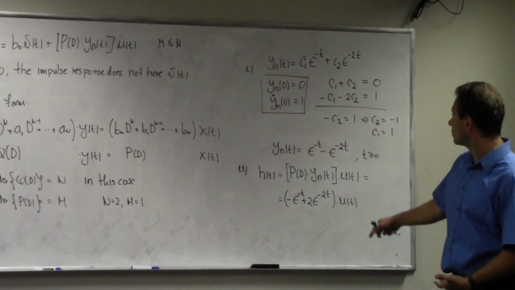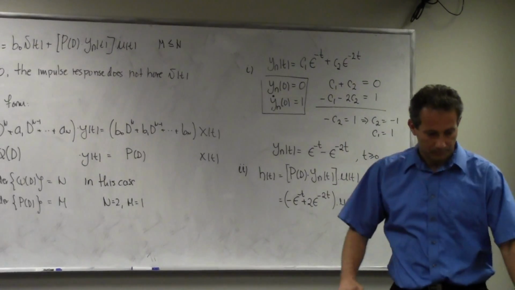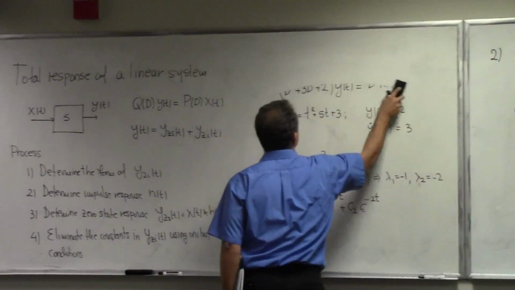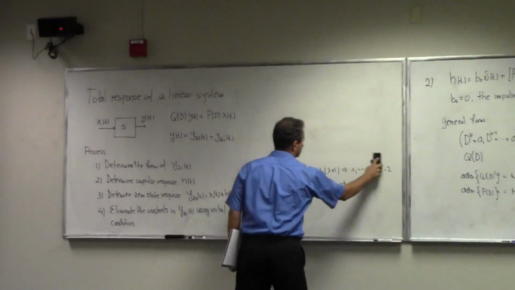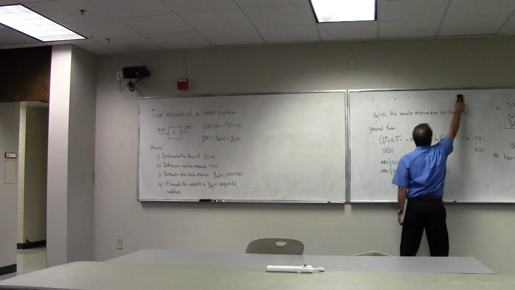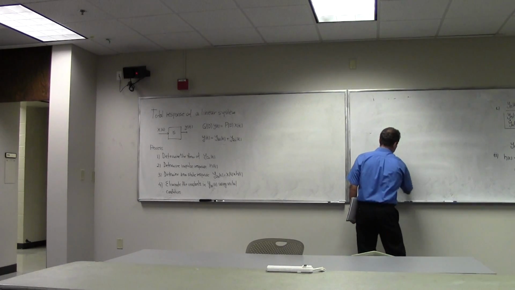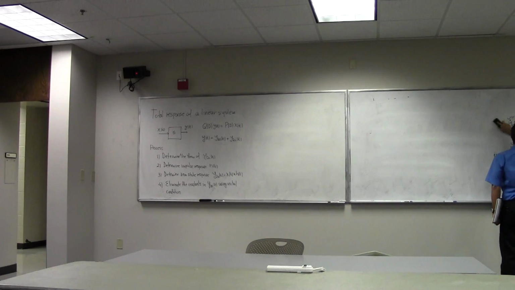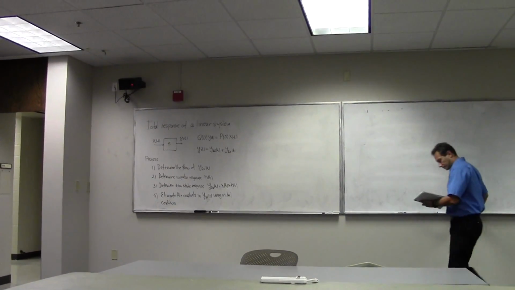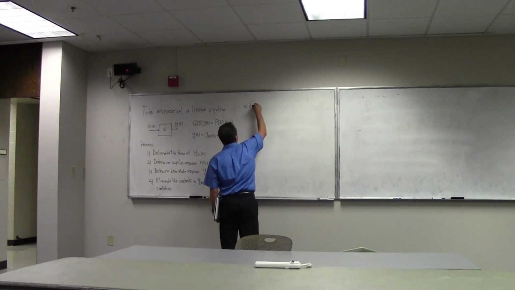In step 3, we have to convolve this with whatever I have for the input. So let's do that part. Step 3 is the zero state response.